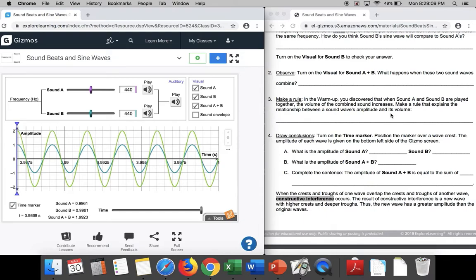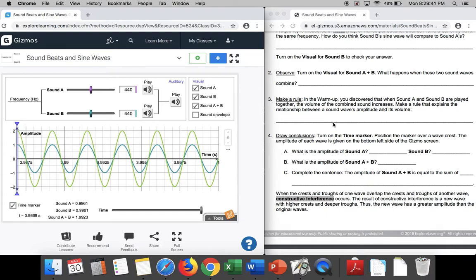Anytime the amplitude is increased, it's going to increase the volume of a sound, or make it louder. Anytime the amplitude is decreased, then it's going to create a softer sound, so a lower volume. So use that information and write a rule right here. For example, when the sound wave's amplitude increases, the volume blank. You fill in that blank.